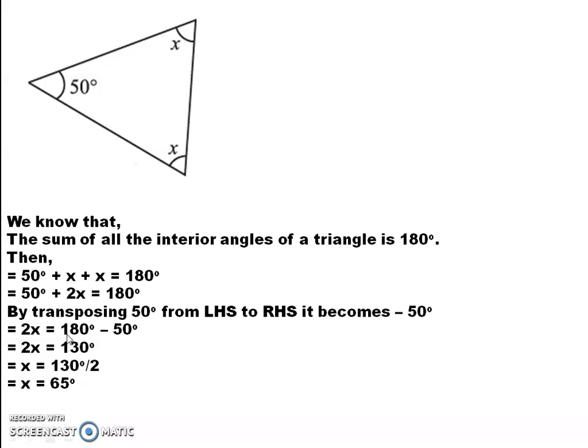So 2x is equal to 180 minus 50. 2x is equal to 130. Now 2 is multiplied here, isn't it? So when you take it to the other side, it becomes division. So x is equal to 130 by 2. It is 65. So each angle in this figure is 65. So this is 50, this is 65 and this is also 65. Is that clear?